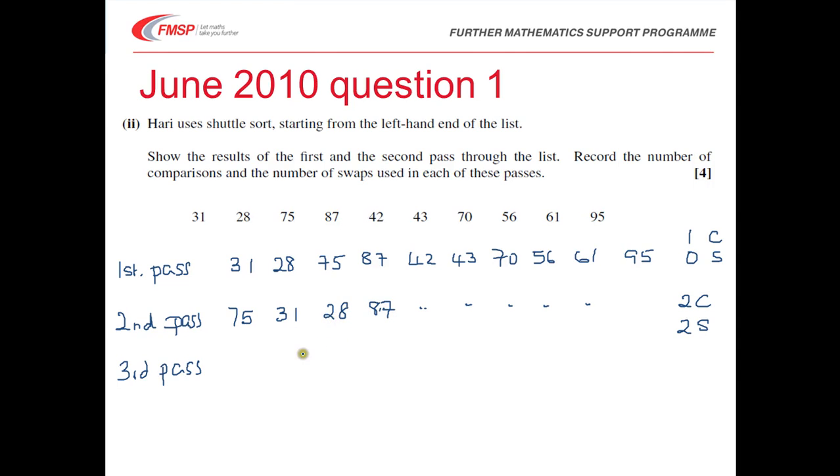So the 87 would come to the front, so I'd have an 87 and then a 75, and then I'd have the 31, and then I'd have the 28.